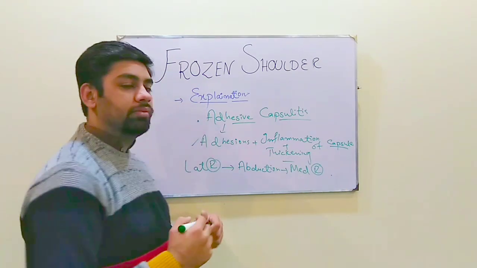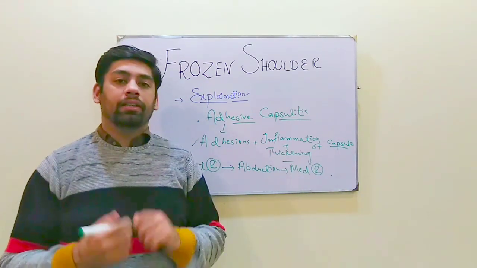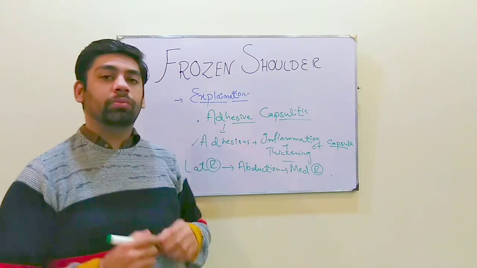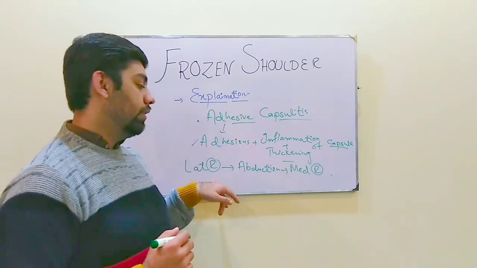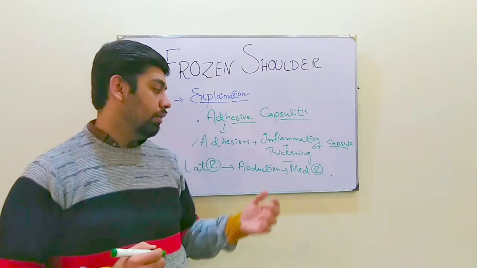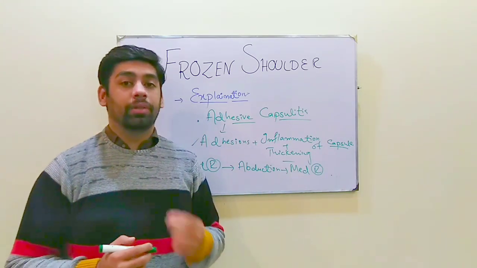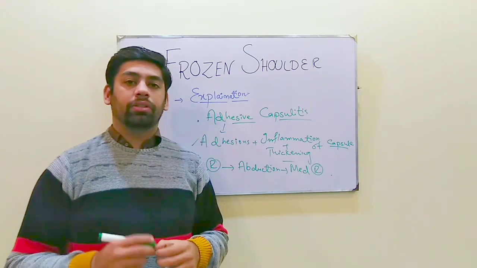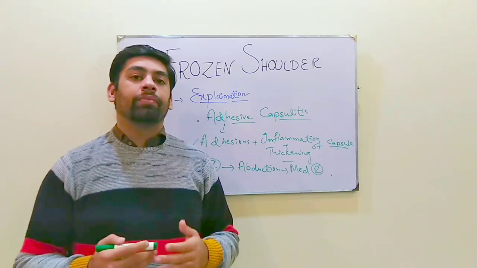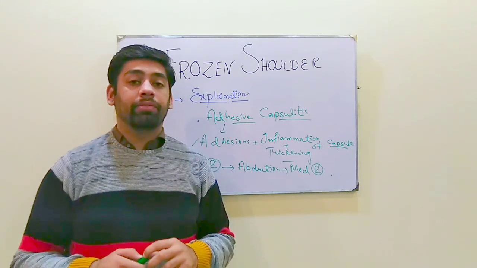So if the patient comes with this capsular pattern, we can think that the capsule is involved, and the patient's movement will be restricted in this order. The lateral rotation will be most painful and it will be most restricted, followed by the abduction and the medial rotation. So we cannot diagnose every shoulder pain as frozen shoulder.